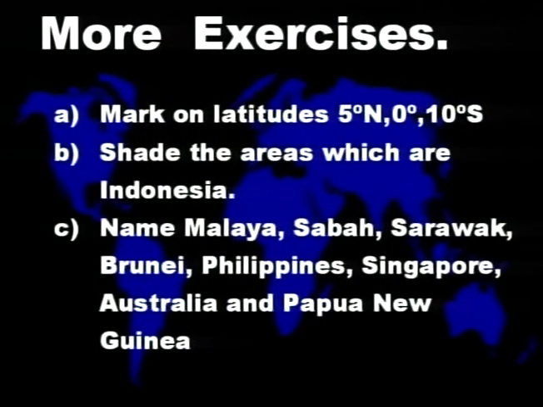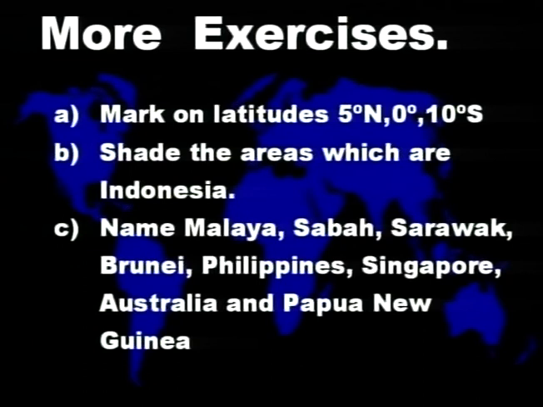And finally, more activities to do for your homework on mapping Indonesia. C, you name the following areas: Malaya, Sabah, Sarawak, Brunei. Double check. We already have on our map the countries Philippines, Singapore, Australia, and Papua New Guinea.